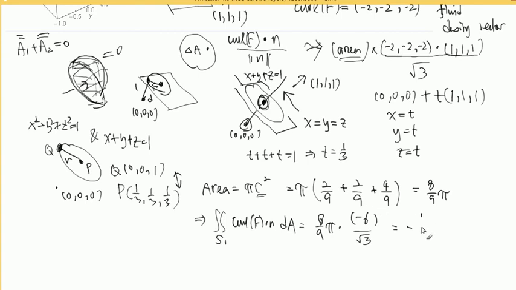So is it 16 divided by 3, if I did this right? Which part? Is that right? It's negative 4. Negative 4 pi over root 3. Is that right?